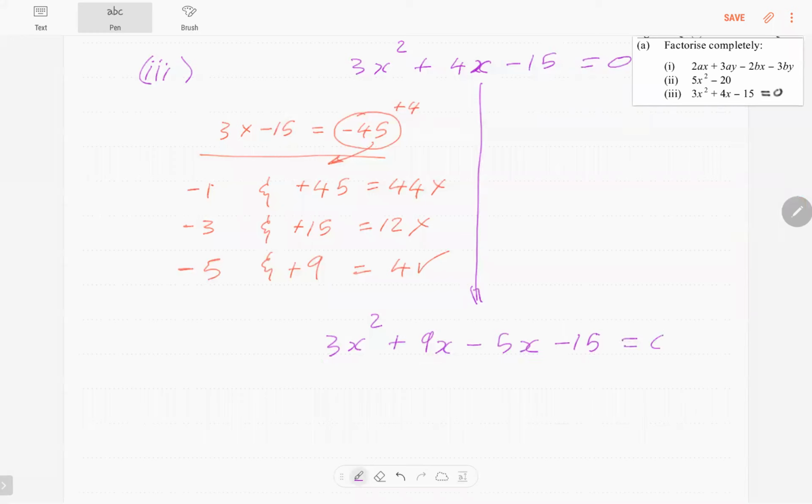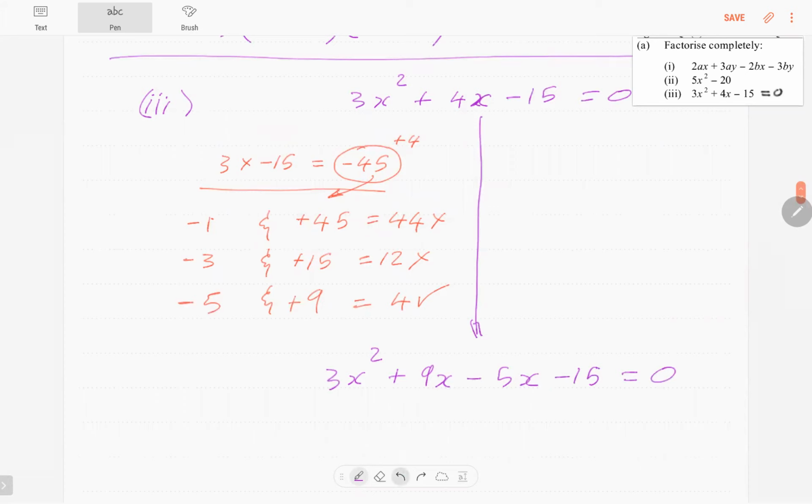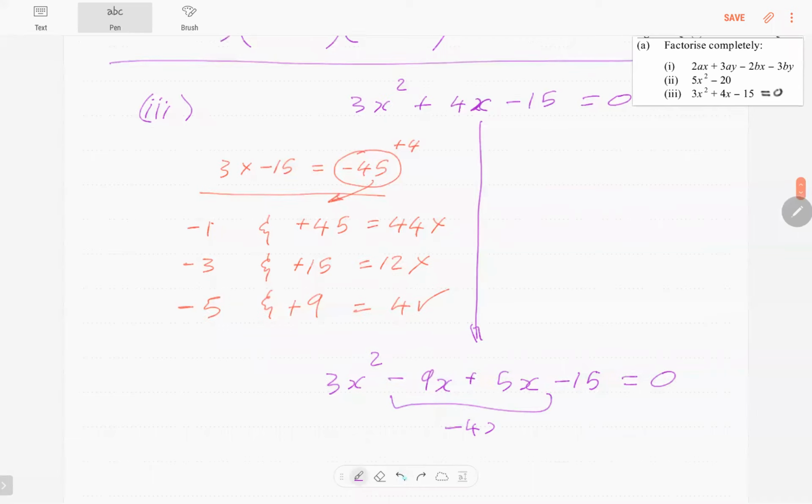And you always check that the way you split the middle term will give you the middle term there, 9x minus 5x. Because if I made a mistake and put them the other way around, like a minus and a plus, this would be equal to minus 4x, but it's plus 4x I have. So I know that would be wrong. So you must always check the term, right? So the correct thing is that's a plus, that's a minus.